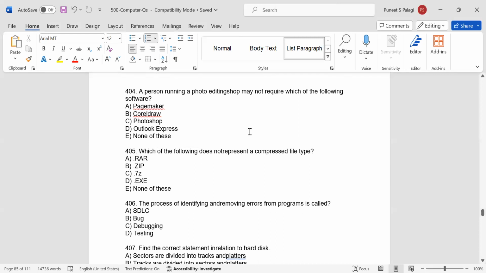A person running a photo editing shop may not require which of the following software? It is Outlook Express.